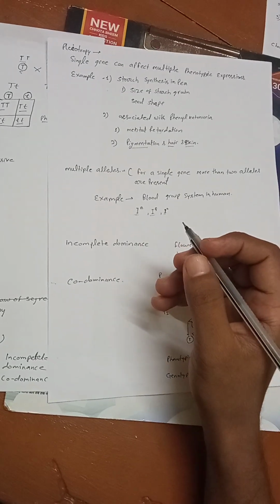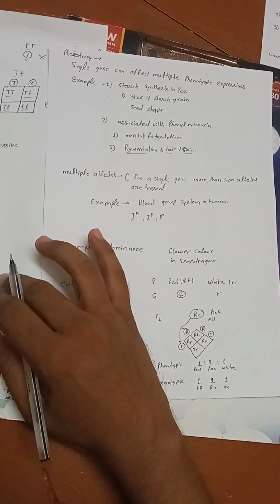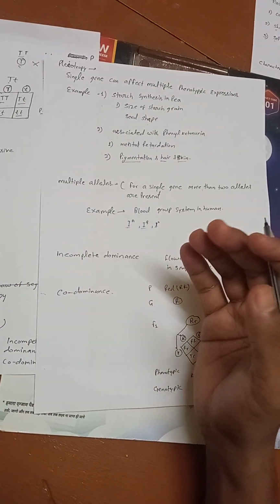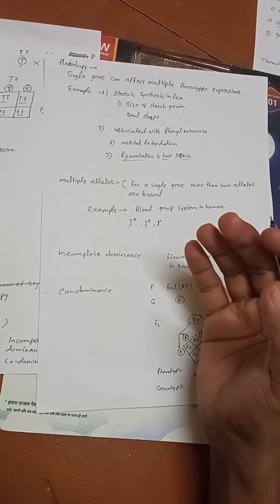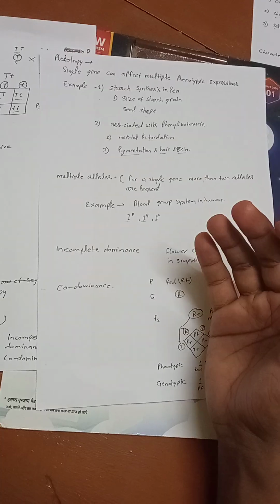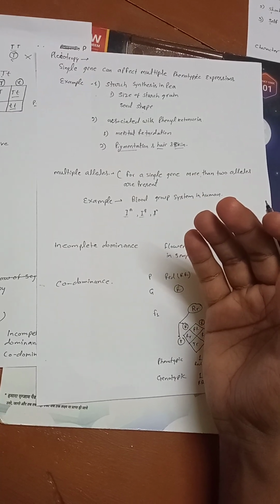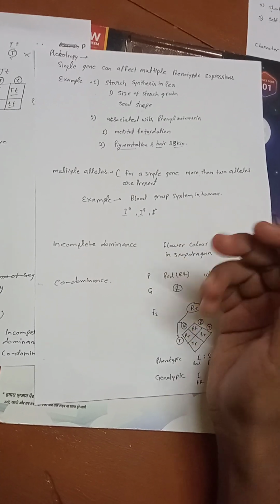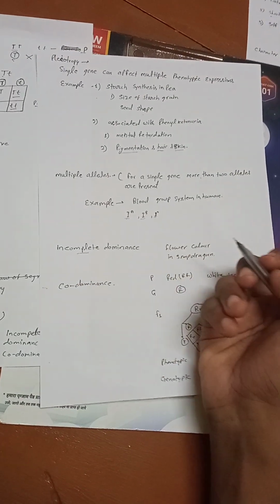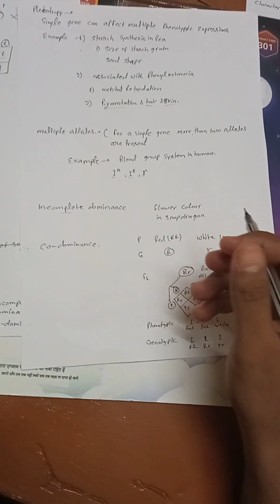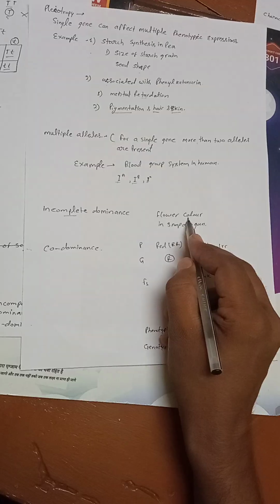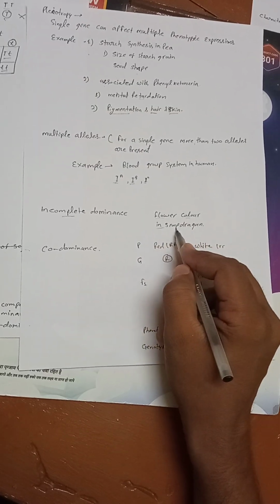The third proposition is that in a pair of dissimilar factors, the one expressed in both homozygous and heterozygous condition is dominant, and the one expressed only in homozygous condition is recessive. But here the exception is incomplete dominance. We see incomplete dominance in flower color in snapdragon.